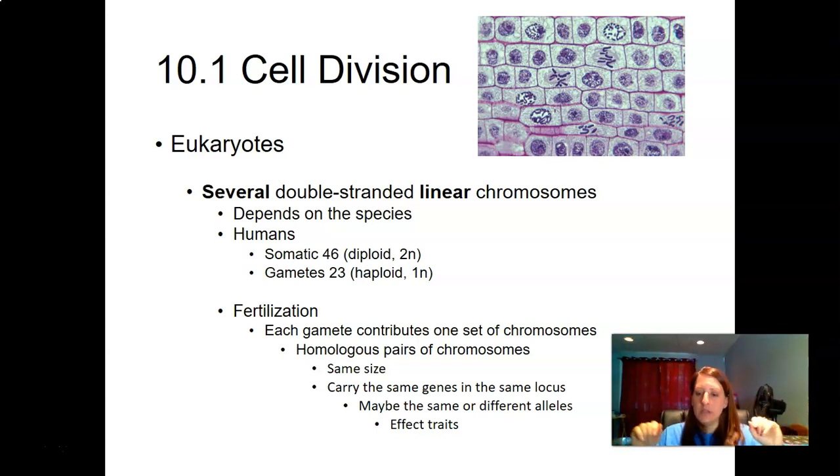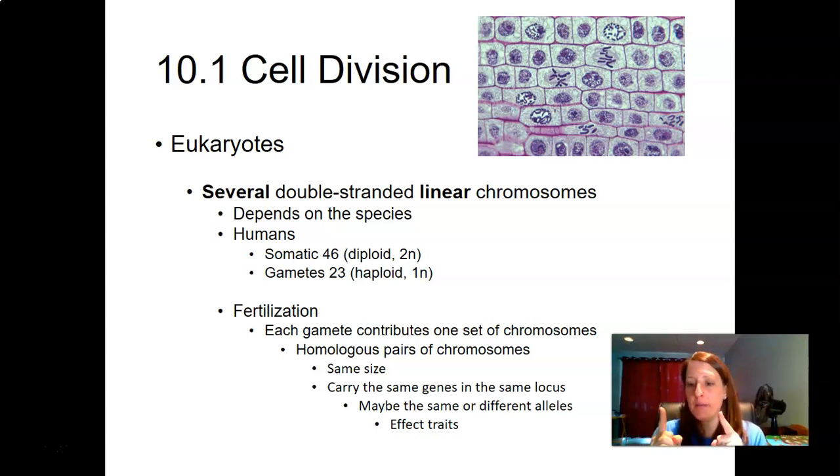What does that mean? So let's go back. Let's say we have chromosome 1 from mom and chromosome 1 from dad. And I look at a specific genetic locus and I find the gene that codes for, let's just say, eye color. So that's the gene in that specific location. That's the trait I'm looking at, eye color.